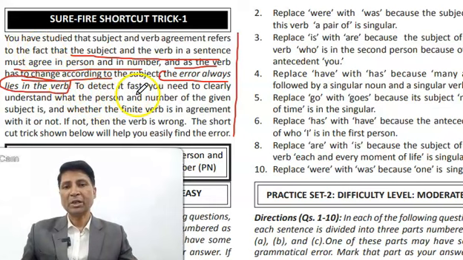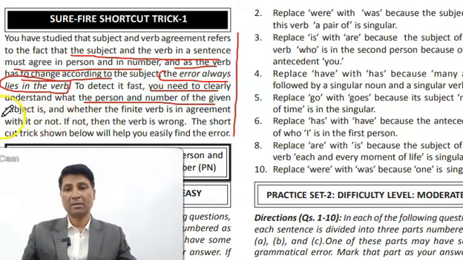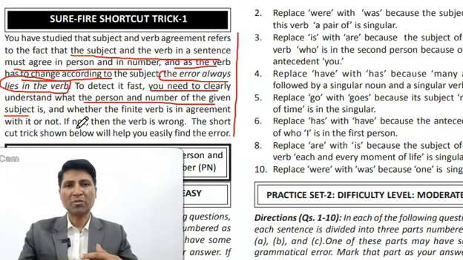So to detect it fast, that means to find the problem related to subject and verb fast, you need to clearly understand what the person and number of the given subject is. Yes, this is another concept. So how can you do these questions faster?